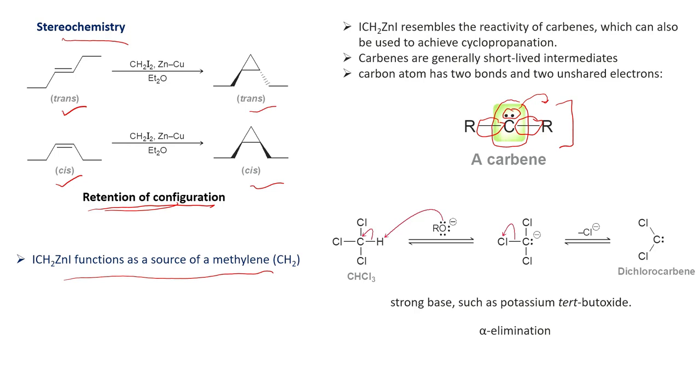And how do you prepare this carbene? When you react chloroform in the presence of a strong base, generally potassium tertiary butoxide, it will abstract this hydrogen. At the same time, when hydrogen is removed, chlorine comes out. This is also called alpha elimination because both hydrogen and chlorine are coming out from the same carbon. Your product will be dichlorocarbene.